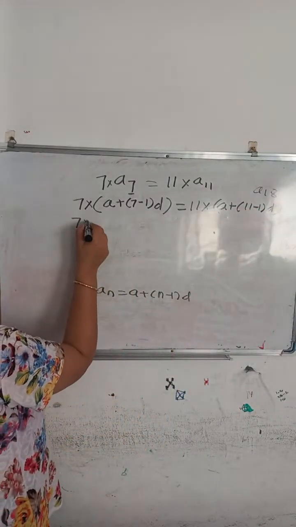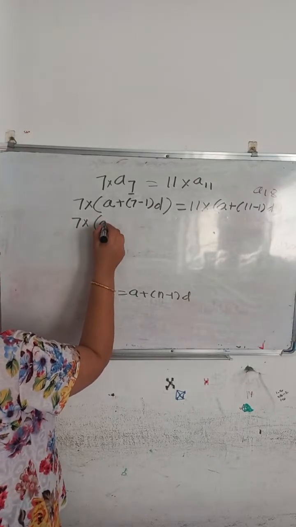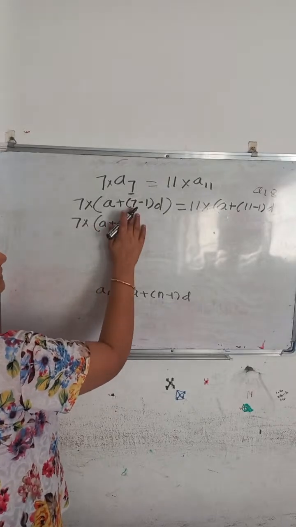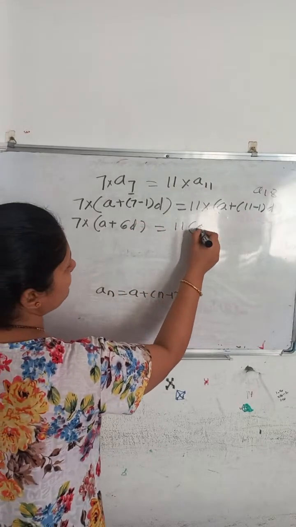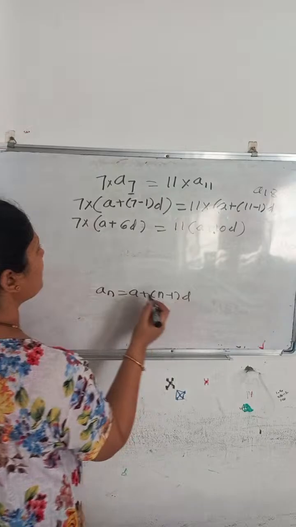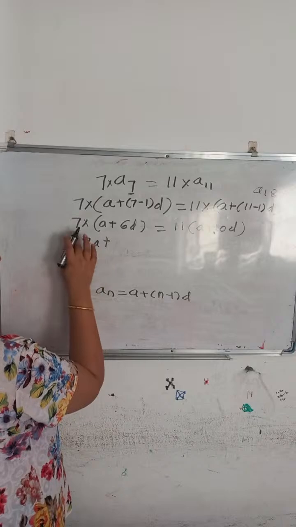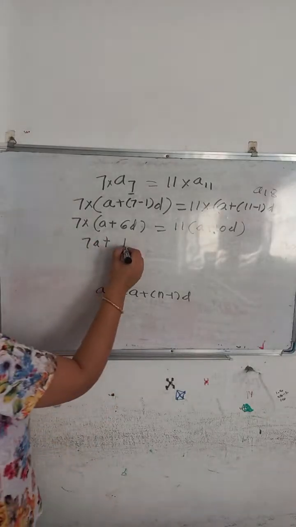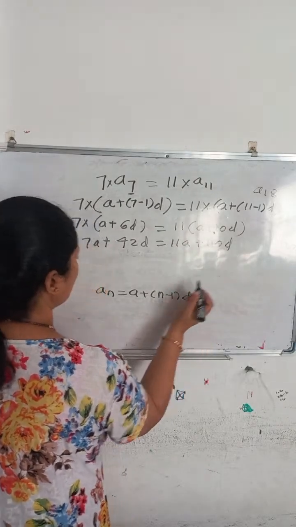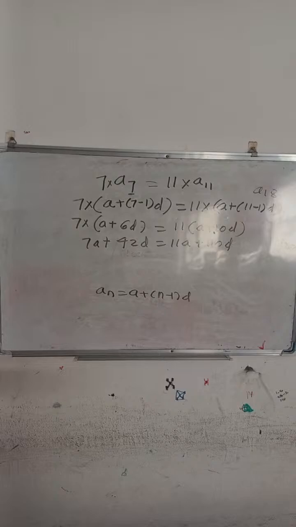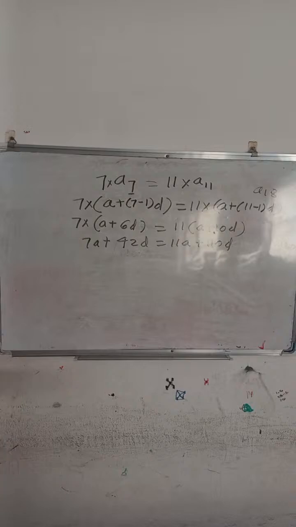Now 7 multiplied by, inside the bracket you can simplify: A plus 7 minus 1 is 6, so 6D, is equal to 11 into the bracket A plus 10D. Now multiply 7 inside the bracket: 7A plus 7 sixes are 42D, equals 11A plus 110D. Once you get up to here, try to obtain the values of A and D. Check what you will get.